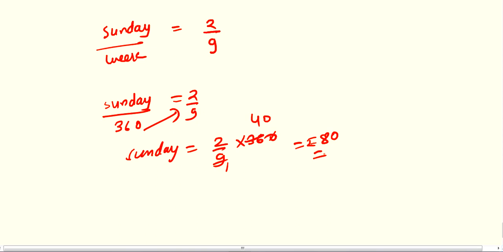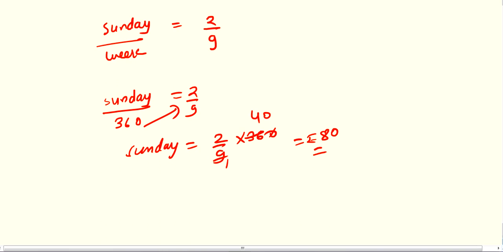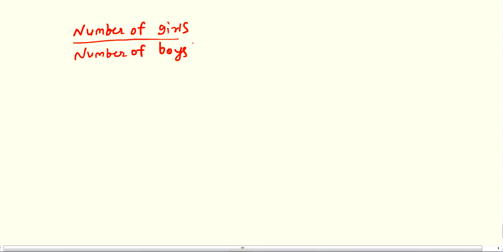Then question number 10. The ratio of the number of girls to the number of boys equals 2:5, means 2 upon 5.